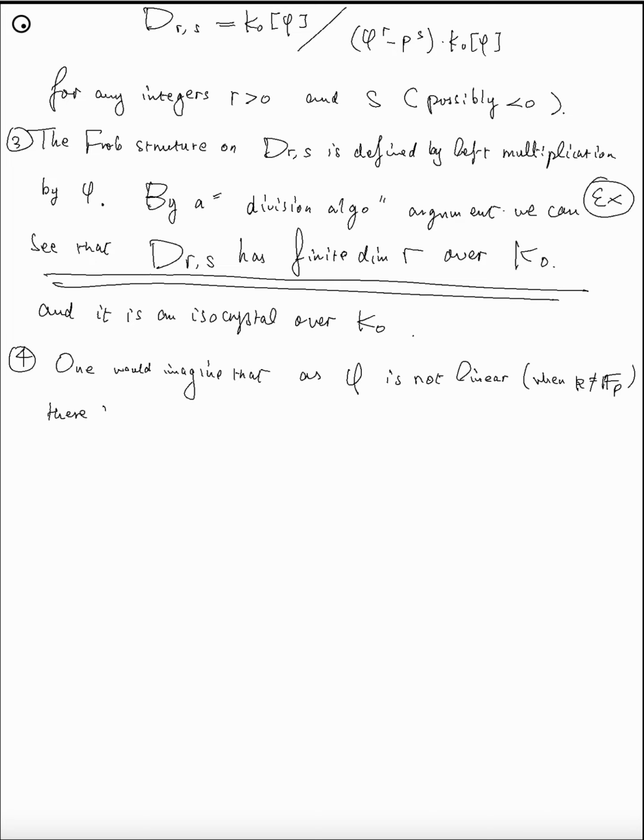There is no good notion of eigenvalues. It's not a linear transformation, so you cannot talk about eigenvalues.